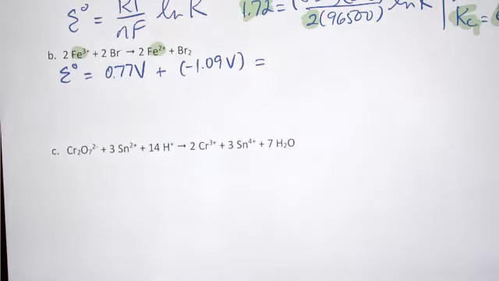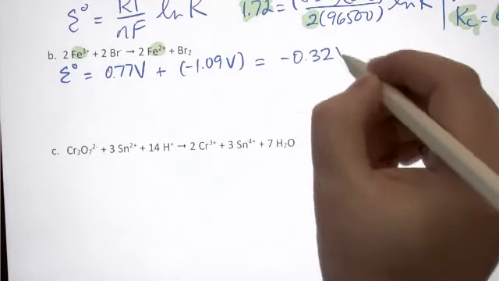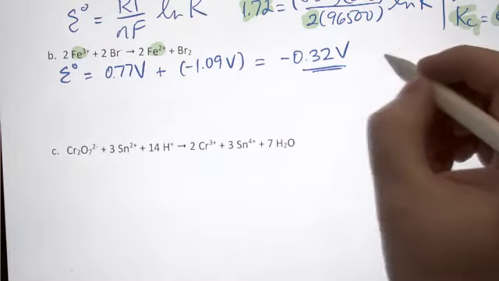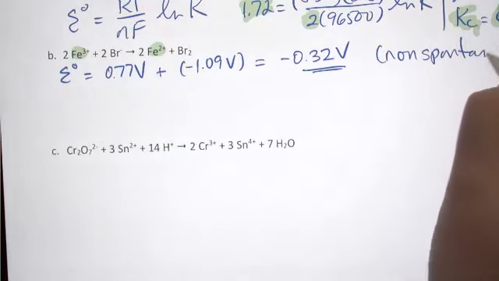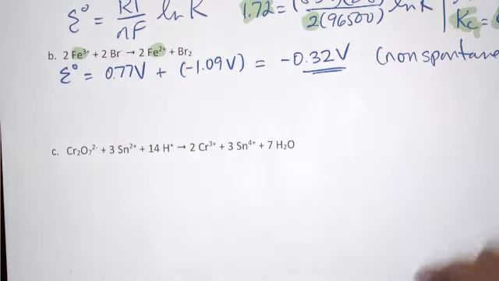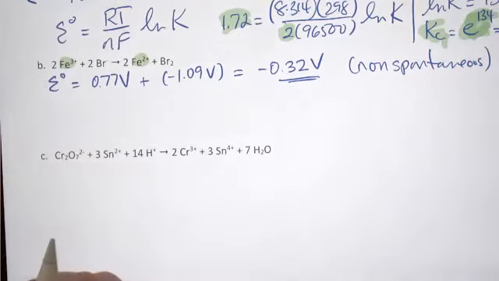You had to reverse the equation, so you changed the sign of the potential. So 0.77 and negative 1.09 gives me negative 0.32 volts. And that's all I need to see to say that this is a non-spontaneous reaction. And that means it is not product favored, it is reactant favored, right? The reverse reaction would be spontaneous. The reverse reaction would have a large Kc.